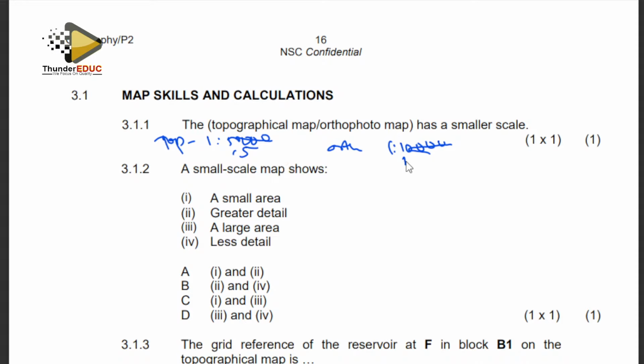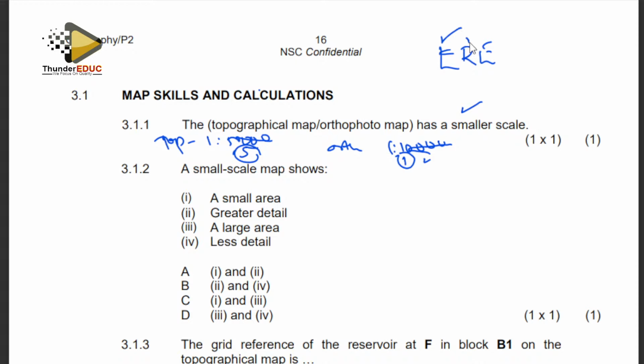But in this sense, the smaller the number, the bigger the map. The bigger the number, the smaller the map. So meaning that the topographic map with 5 is smaller. The orthophoto map with 1 is bigger. Please understand that. The bigger the scale, actually, if you're going to forget, remember this.